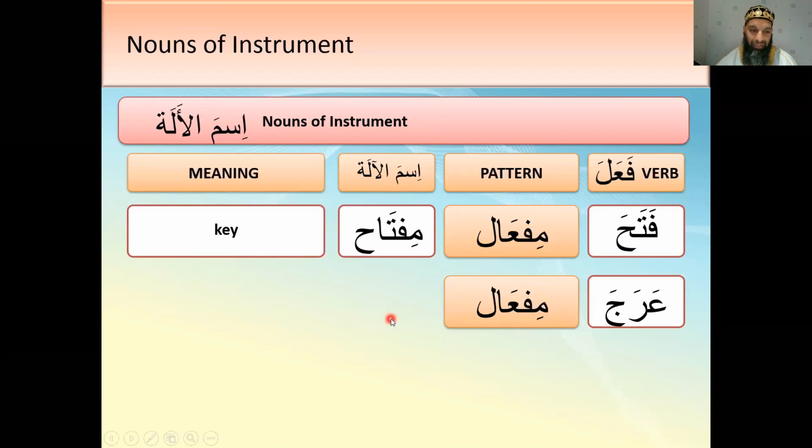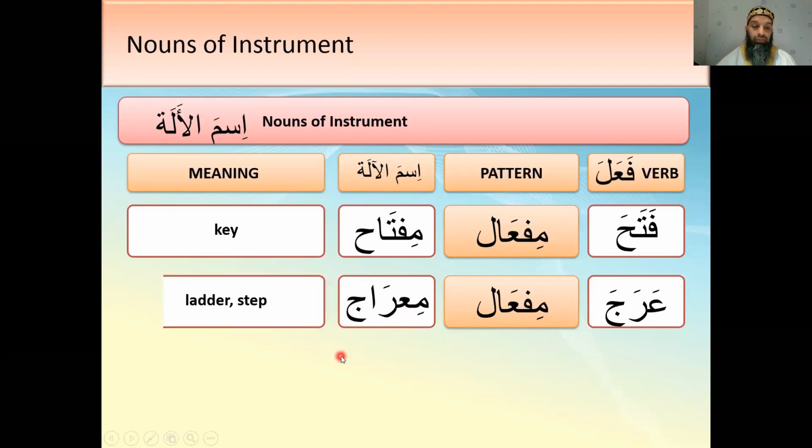And I got a woe there as well. I was expecting a woe on this one. Yes. Look, mi'rajun. I should have put the dhamma on. Mi'rajun is used for a ladder, step. And we know at the time Rasulullah Sallallahu Alaihi Wasallam went up into the mi'raj, the night journey, he went up.